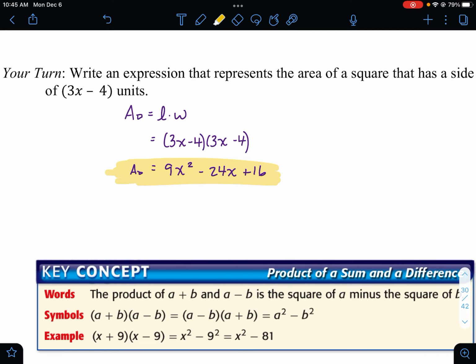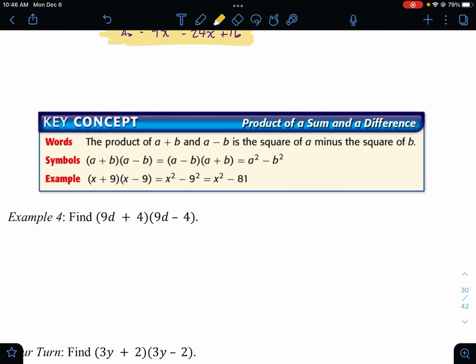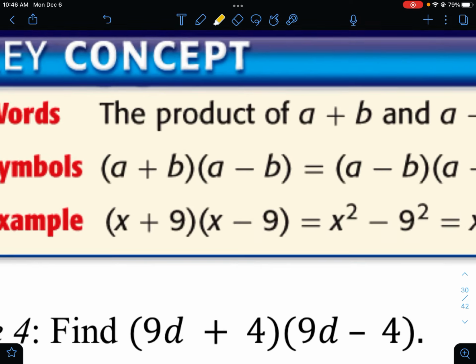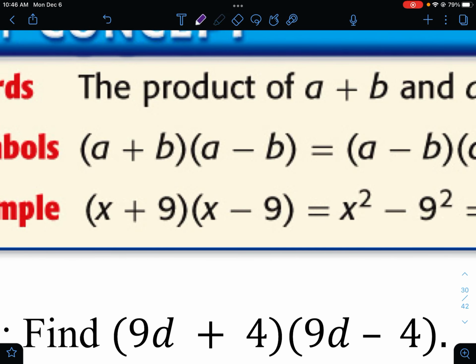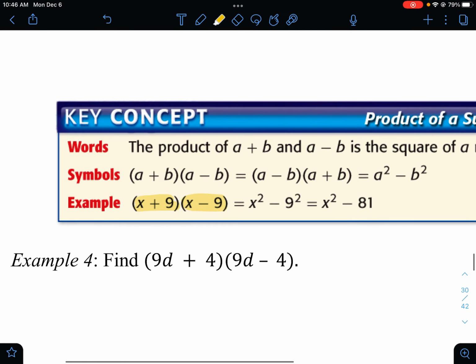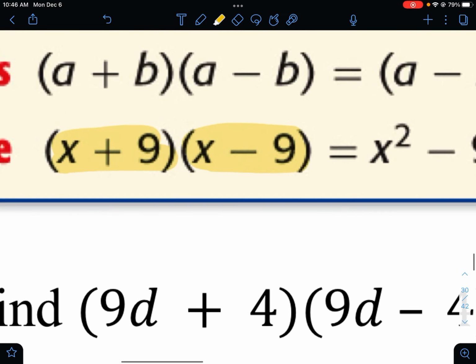All right, one more key concept. It's the product of a sum and a difference. Pretty much we call this difference of squares because there's a special thing that happens. What we mean by difference of squares is, notice here, I have an x plus 9 and an x minus 9. When that happens, something special happens each time, okay?